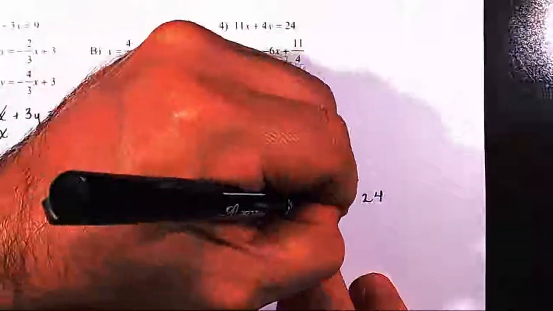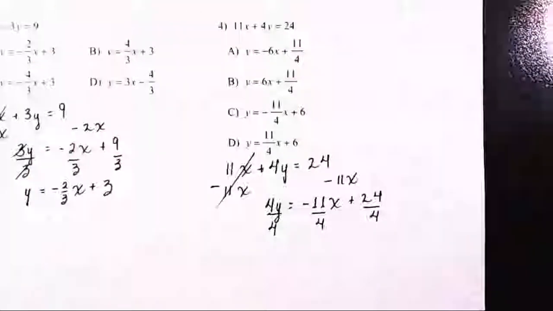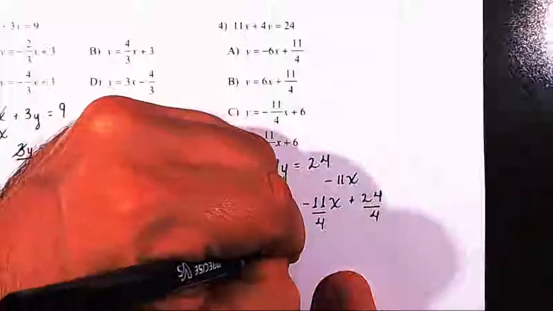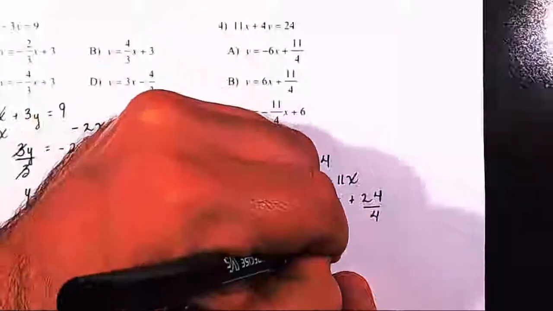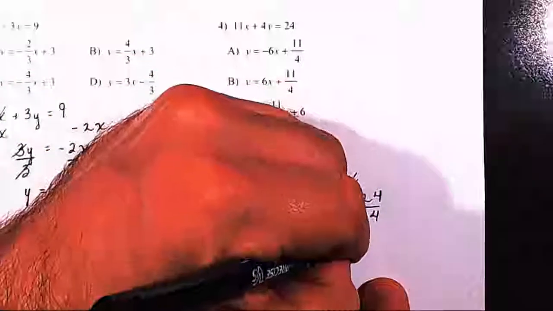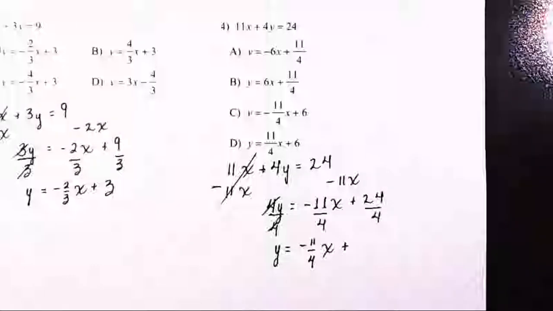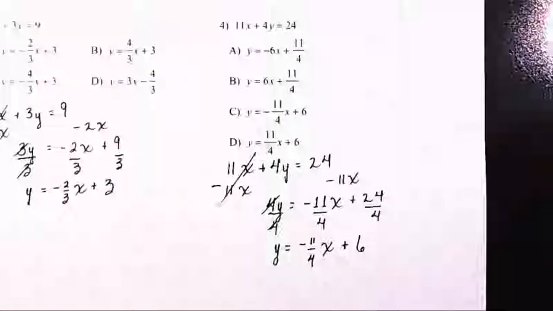Divide each term by 4 to get rid of it on the left. Okay, those cancel on the left, leaving y equals -11 over 4 times x plus, now 24 divided by 4 gives me an even quotient of 6, so I can just write 6.